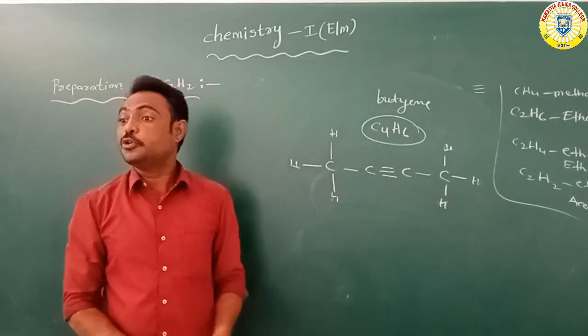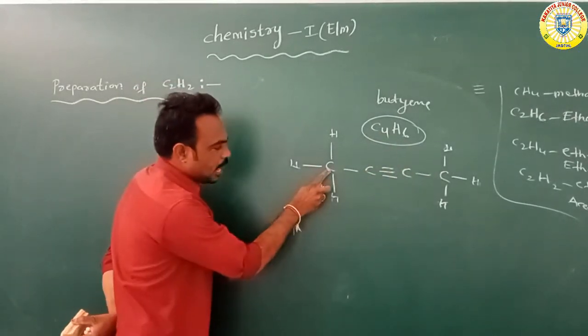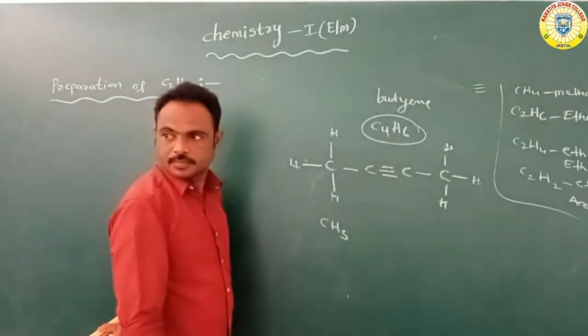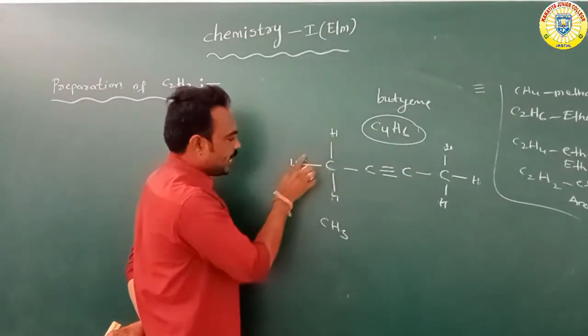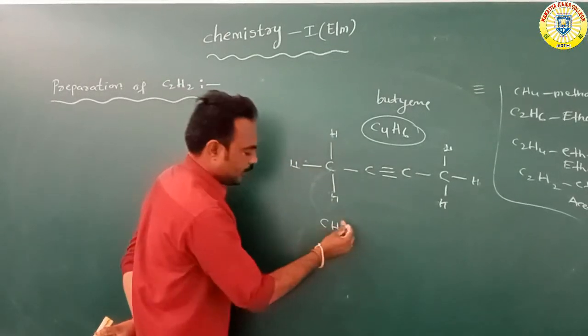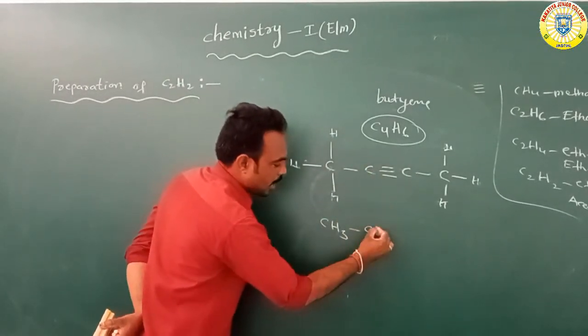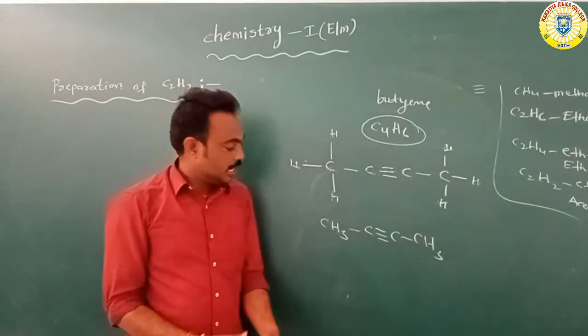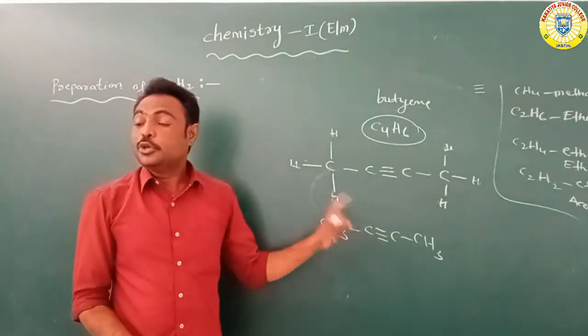It is the structure of butyne. This carbon is attached with 3 hydrogens, CH3. Carbon triple bond carbon, bond CH3.